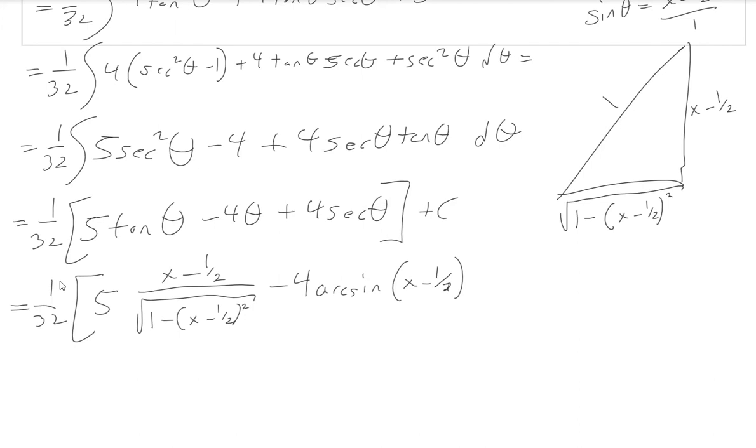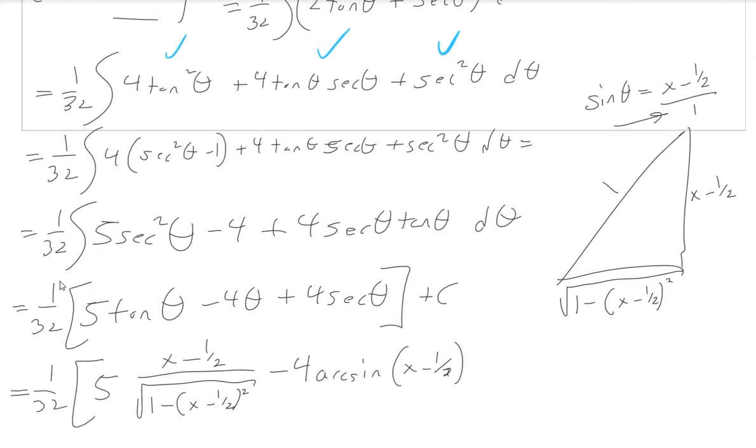Because we defined that sine of theta was equal to x minus 1/2, so taking the inverse gets us theta. Plus 4 times secant, which is hypotenuse over adjacent. So that's 4 times 1 over square root of 1 minus x minus 1/2 squared, and then that parentheses.